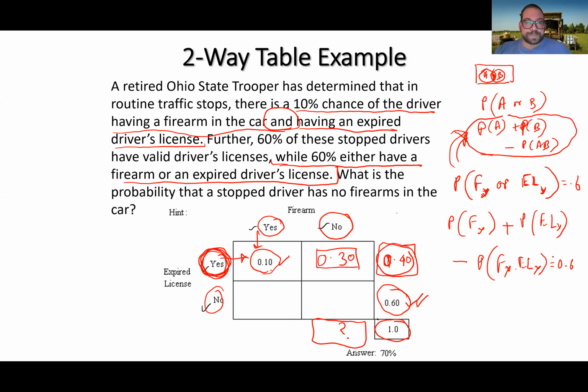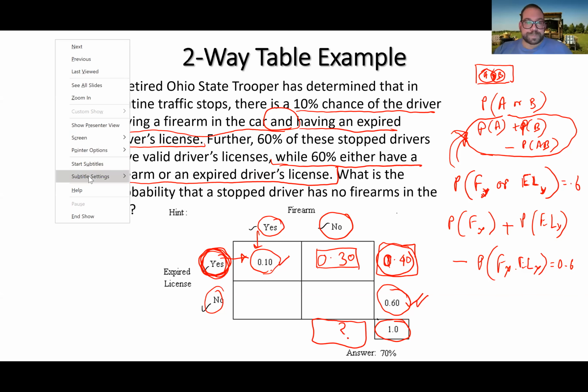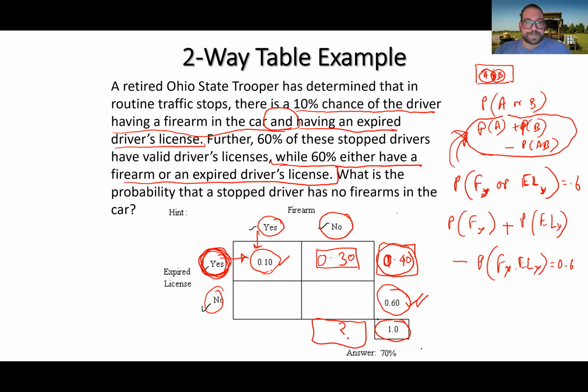So now let's look into which one of these we know, which one of these we don't. So probability of a firearm yes, which basically is this one, right? The overall marginal value, you don't know that value. Probability of an expired license yes. What's that probability? We have already computed that. What's the probability that a stopped driver has an expired license? 0.4.